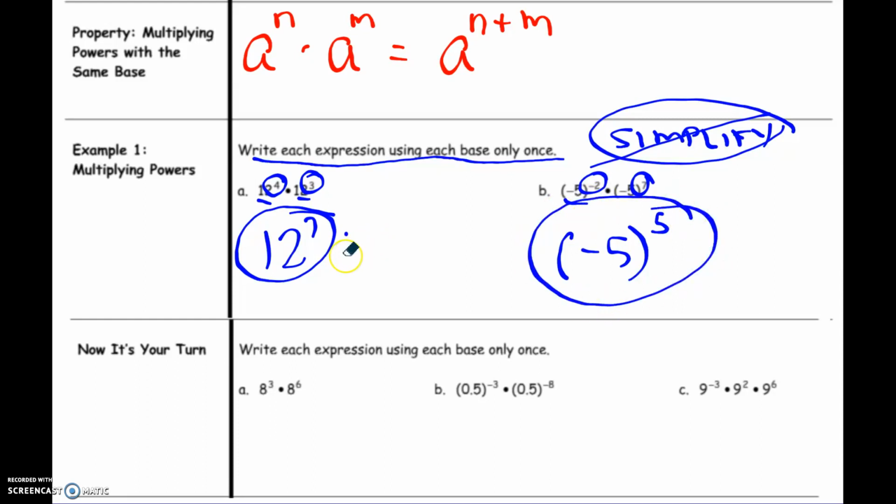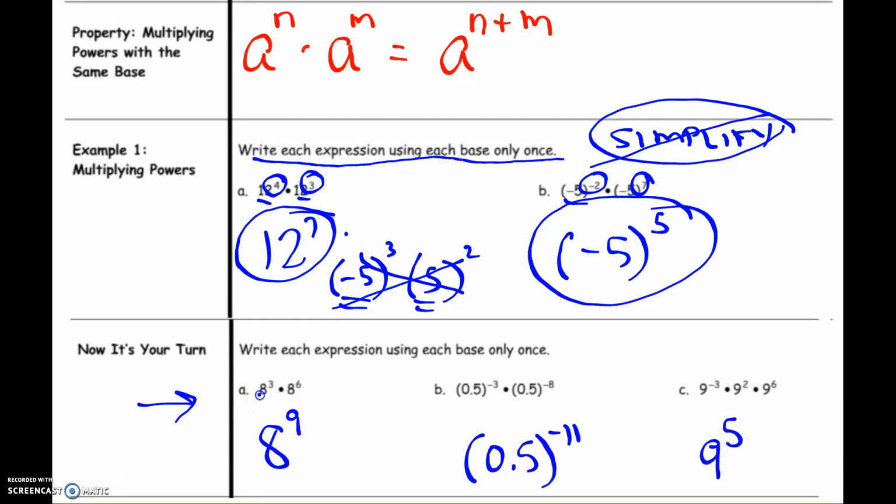Now you have to be careful because if I were to give you a problem that had negative 5 in parentheses to some power and positive 5 in parentheses to some power, those bases aren't the same, so we can't write it out with one base only. That one can't be done like that. Alright, take a second, complete the problems here, and then resume the video when you're ready to check your answers.